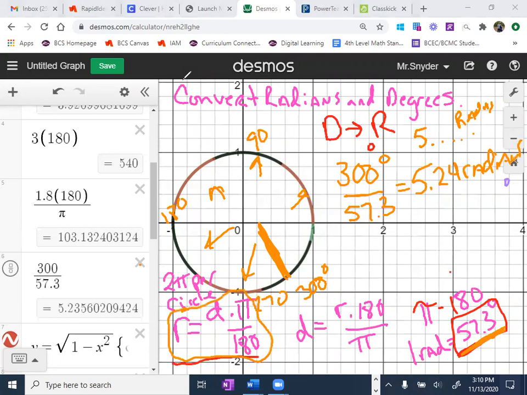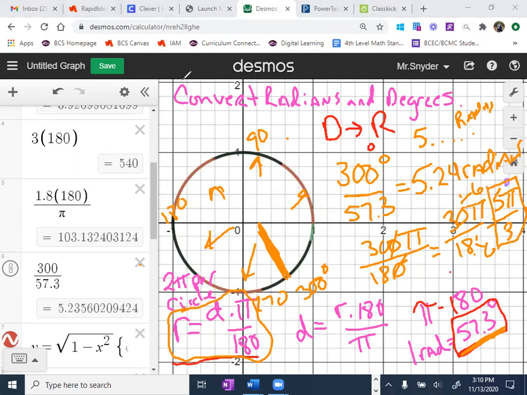So the radians would be the degrees, which is 300 pi over 180. We can simplify. I could divide by 10, so that cuts out the zeros. That gives me 30 pi over 18. And I know that 30 and 18 are divisible by 6, so I get 5 pi over 3.